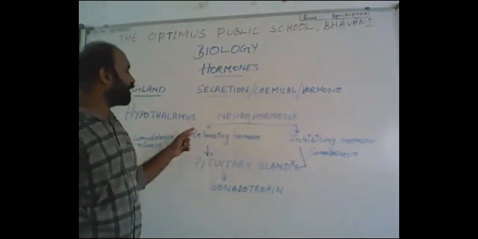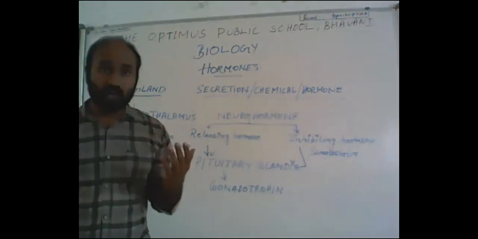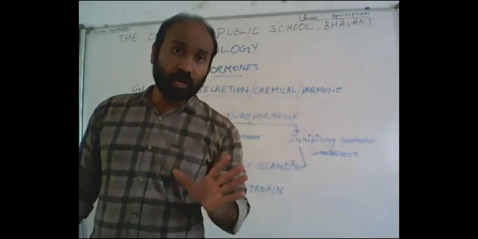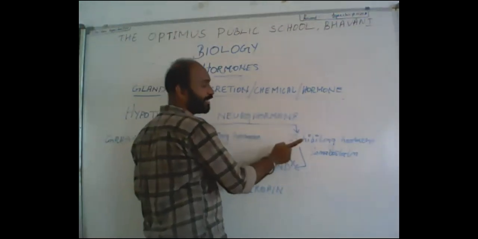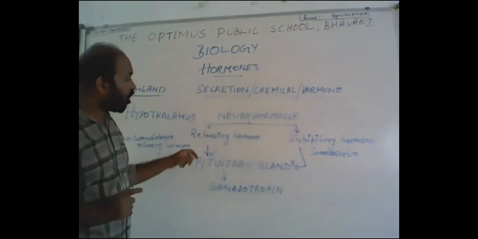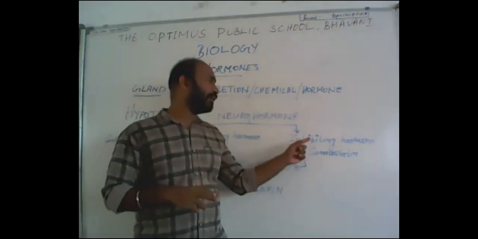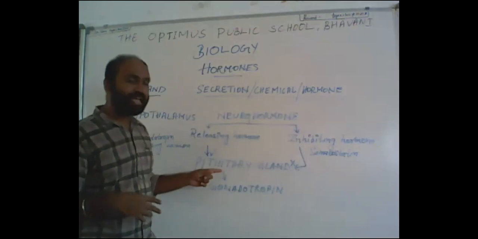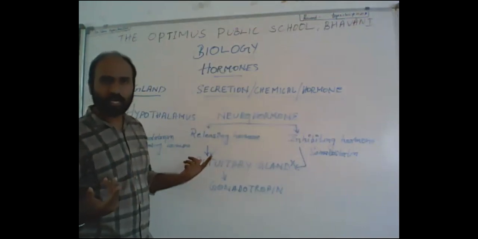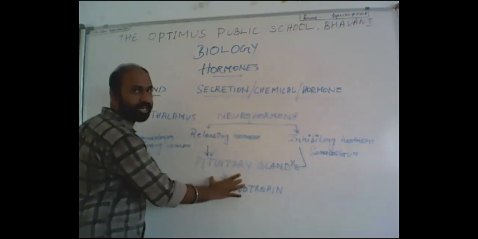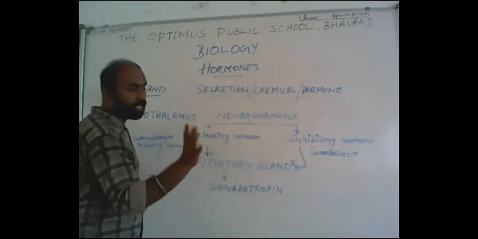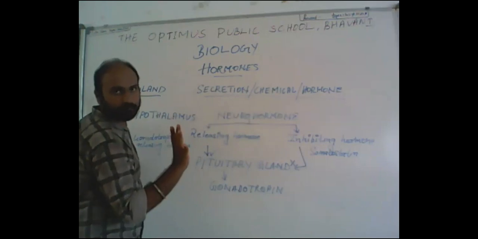The secretion of the hypothalamus is called neurohormones. Two types of neurohormones are there: releasing hormone and inhibiting hormone. Releasing hormone activates the pituitary gland. Inhibiting hormone deactivates the pituitary gland. So basically, the hypothalamus activates or deactivates the pituitary gland with the help of neurohormones.